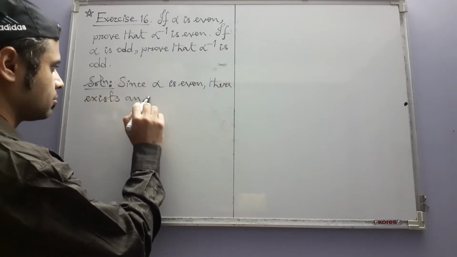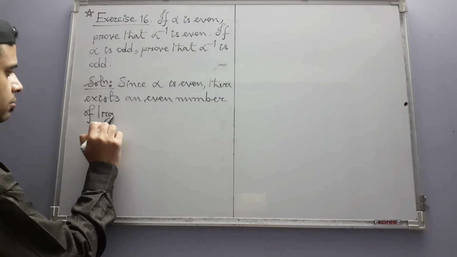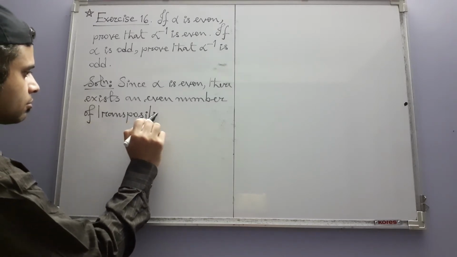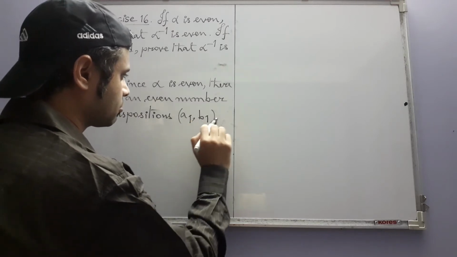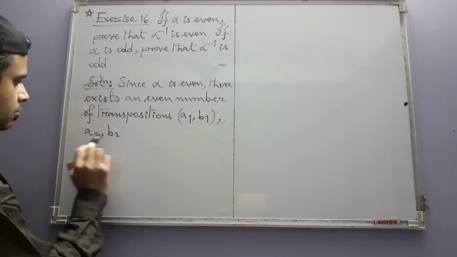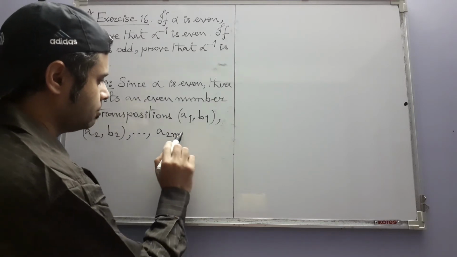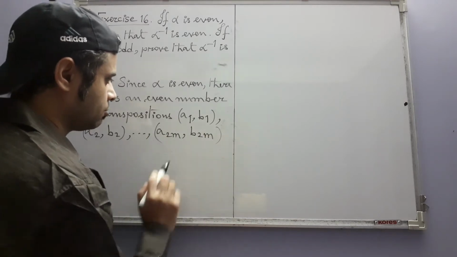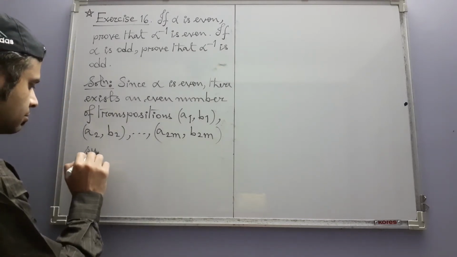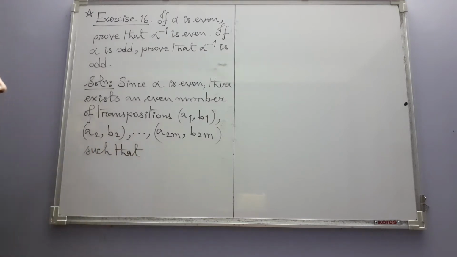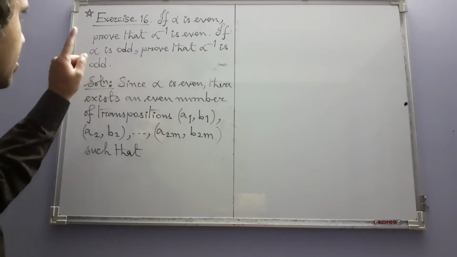There exists an even number of transpositions, let us take 2m, A1 B1 up to Am Bm, where m is of course a positive integer, such that... We have to prove two things.